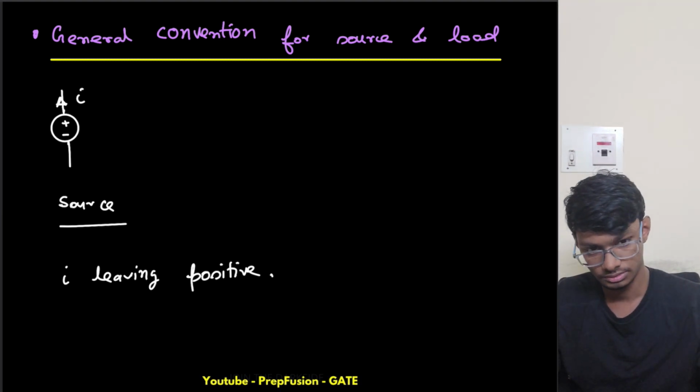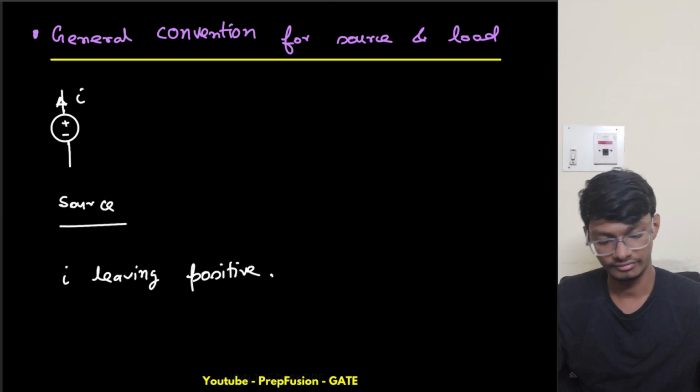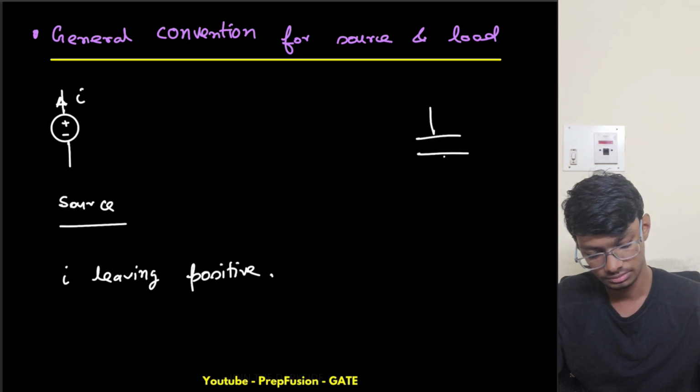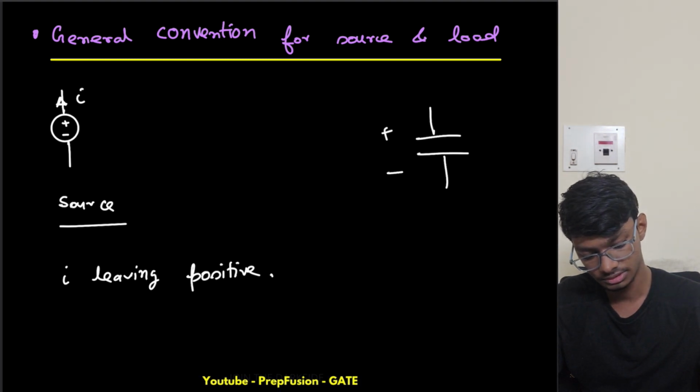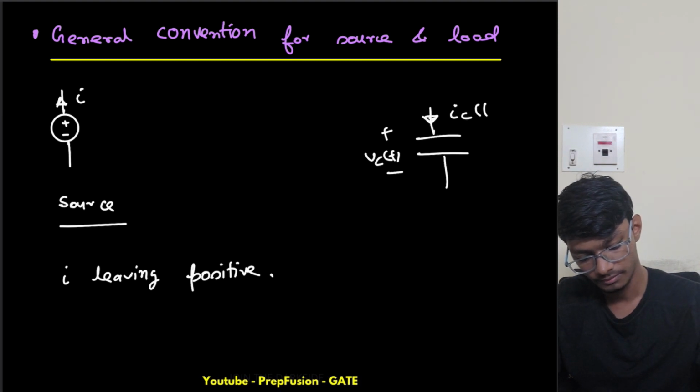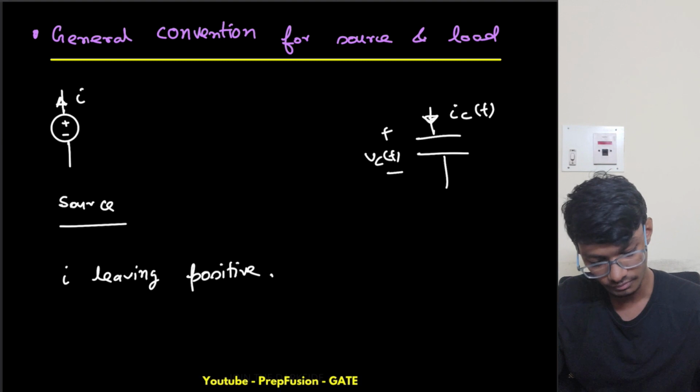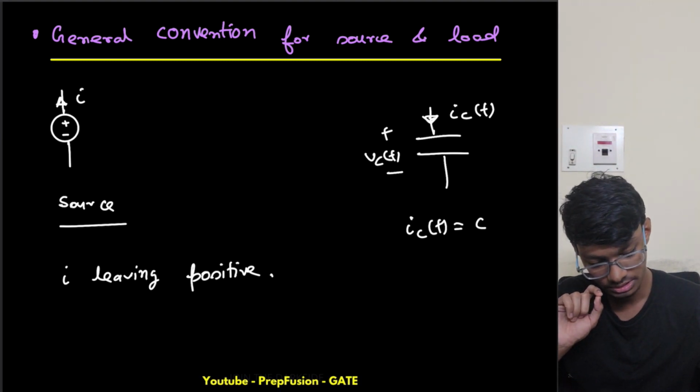And if I have a load, like a capacitor, generally the Vc and Ic relation is written like this: in this case my Ic of t will be C dVc by dt.